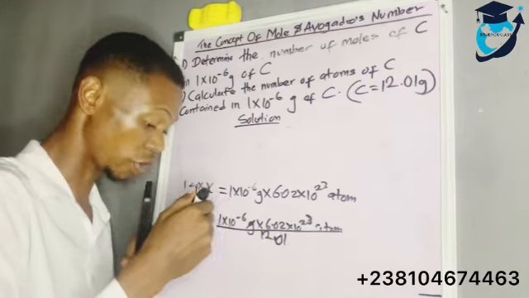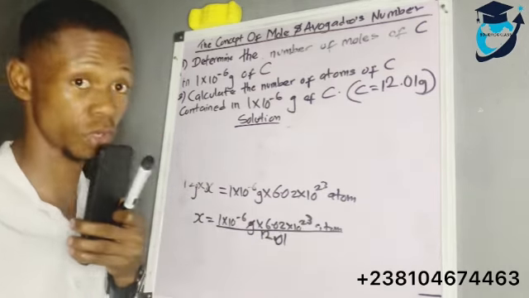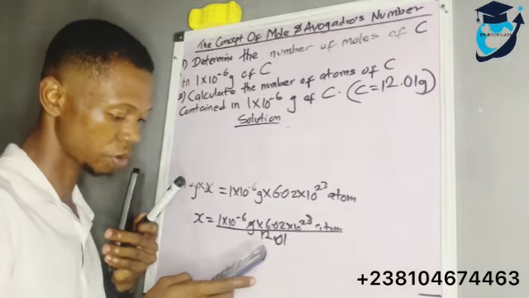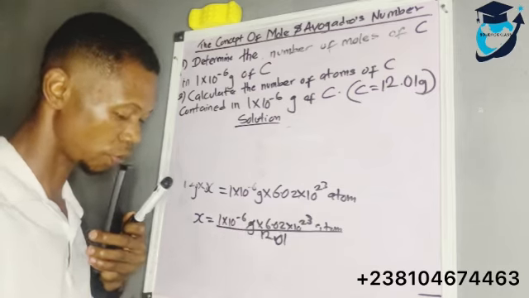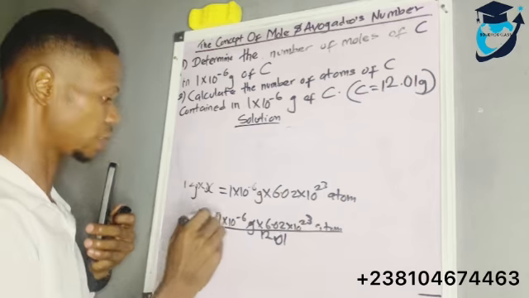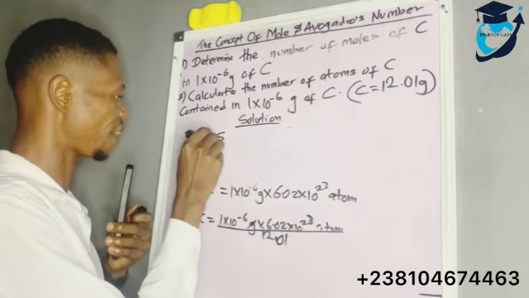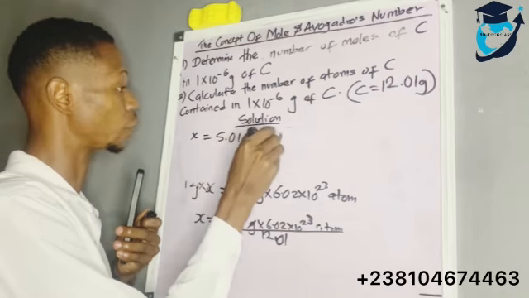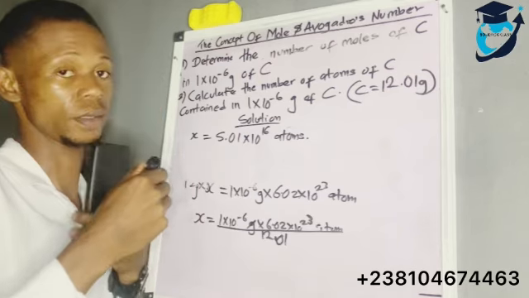Since they don't give us another value in our formula, we are not going to do another thing. So if you punch this, you will get 5.01 times 10 raised to 16. We get that X is equal to 5.01 times 10 raised to 16 atoms. So now that is the number of atoms inside here.